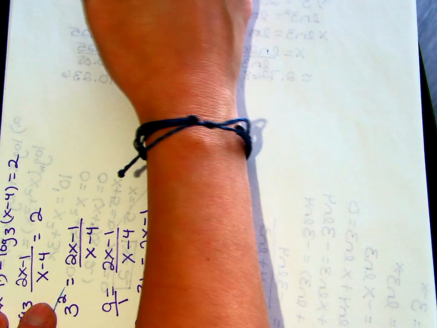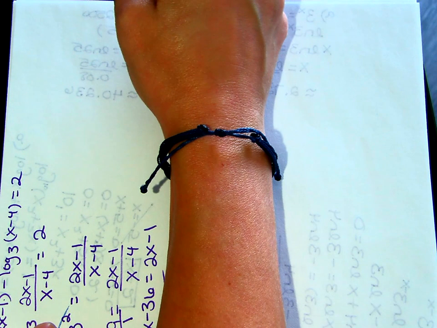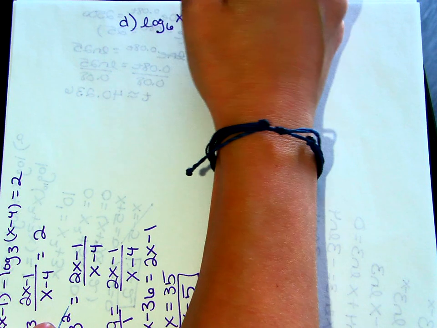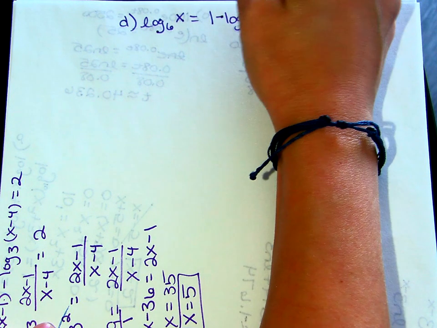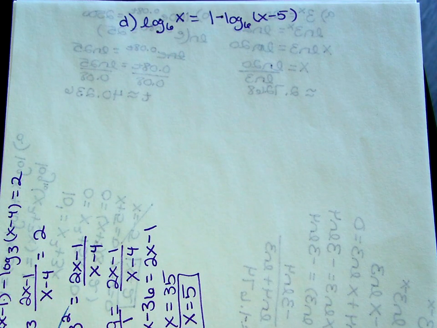We're going to do log base 6 of x equals 1 minus log base 6 of x minus 5. So when we're solving logarithms, the first thing we have to do is get our logarithm isolated.